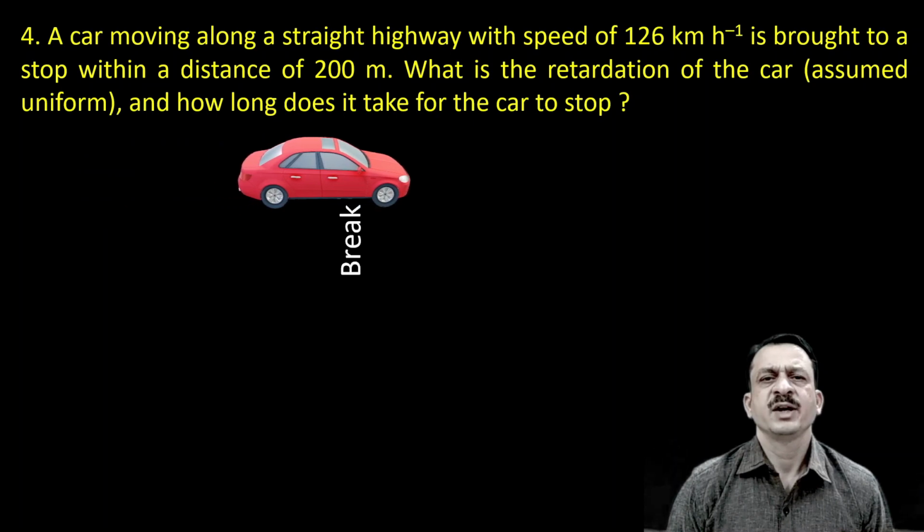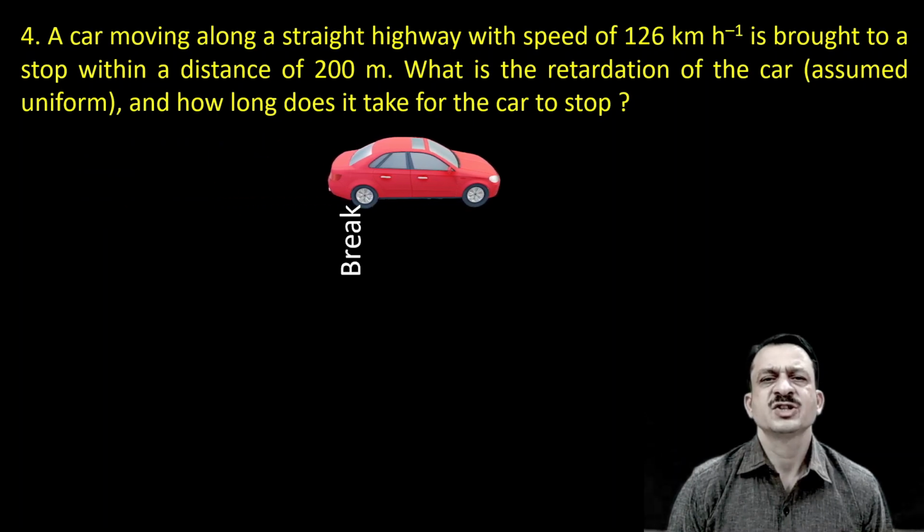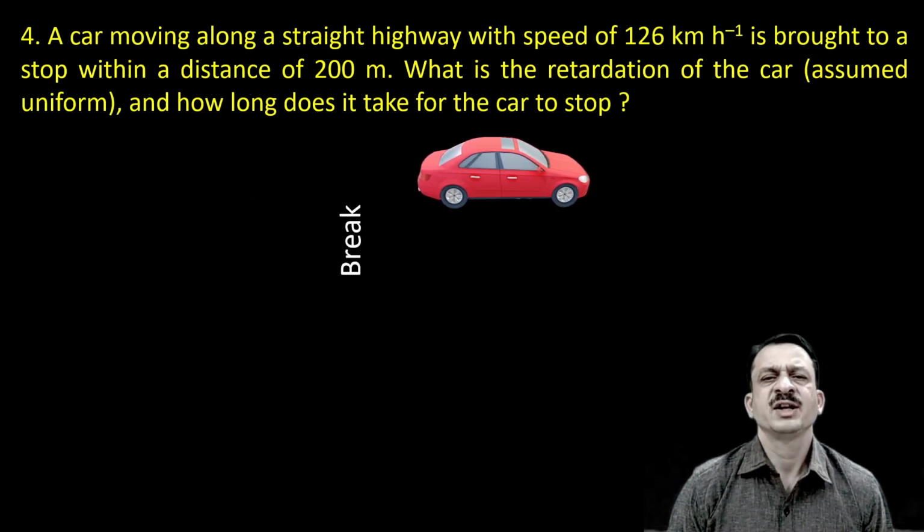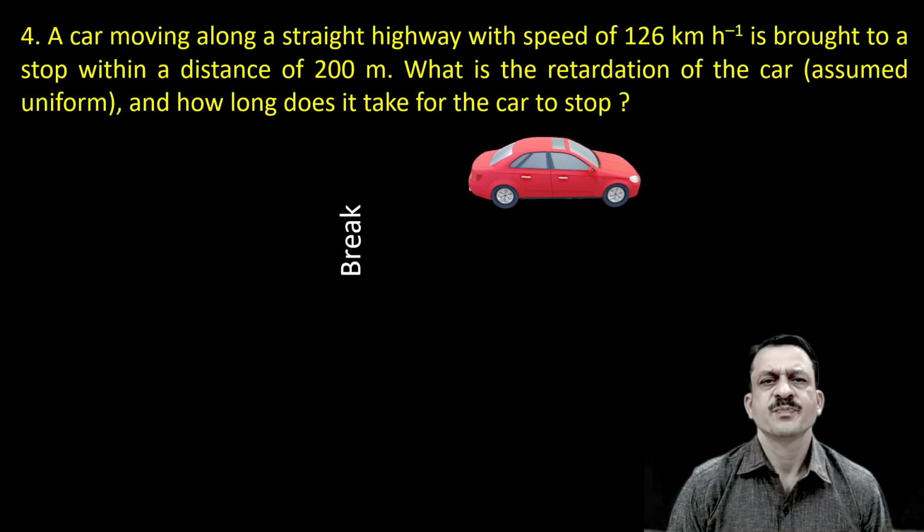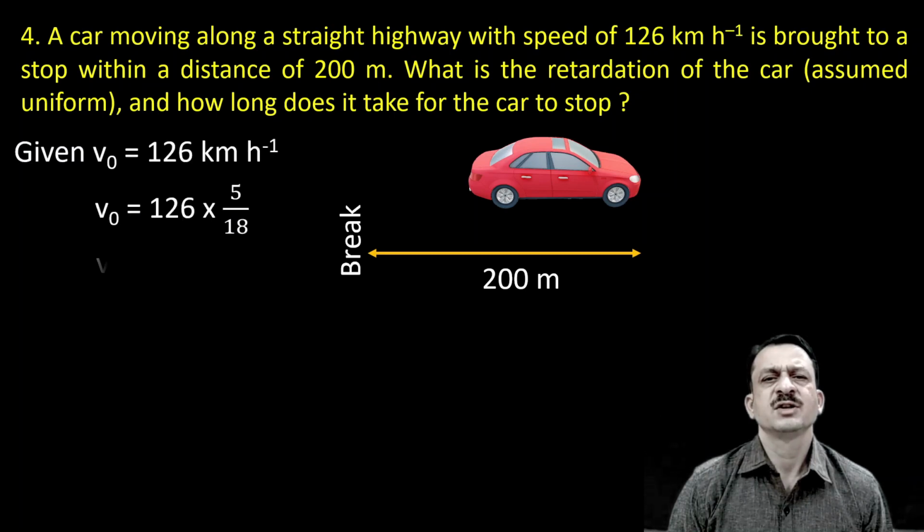When the brakes are applied, it moves through a small distance, that is the stopping distance, and finally it comes to rest. Now this distance traveled by the car, as shown by that yellow line, is given 200 meter stopping distance, and the initial velocity of the car is given, it is 126 km per hour.